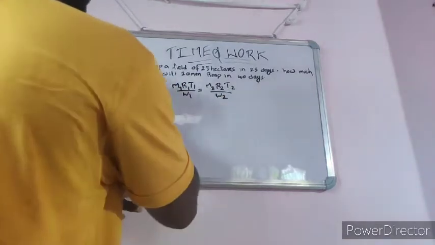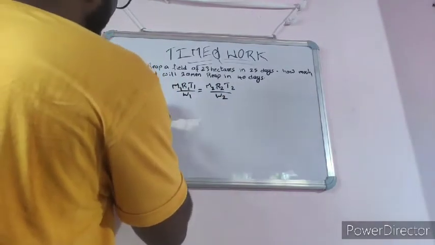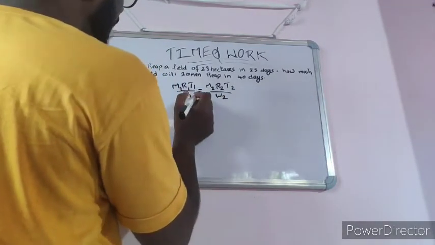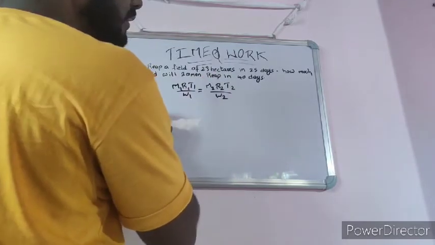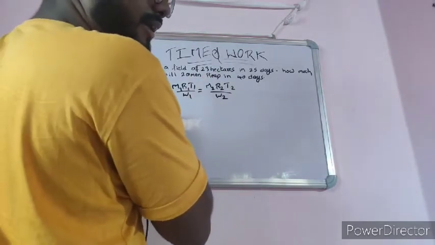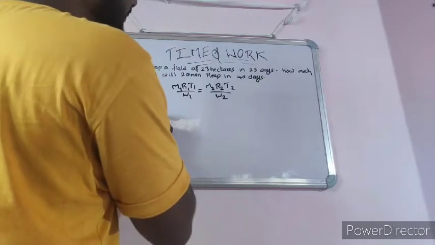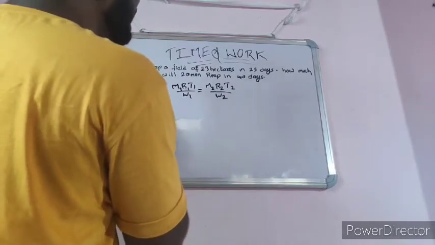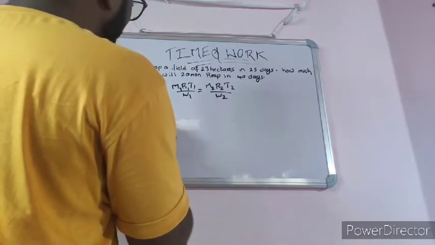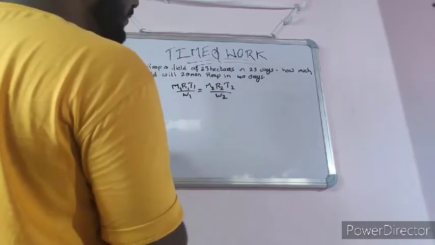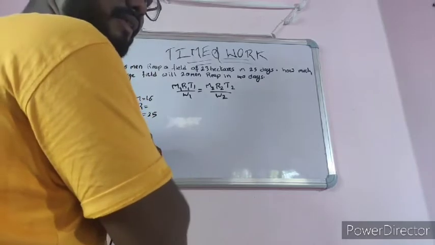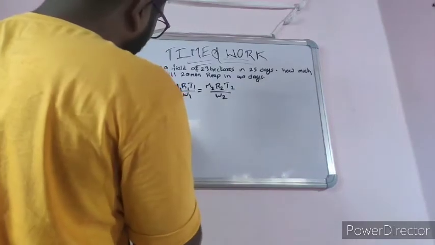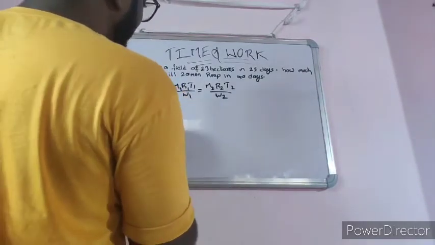Do we have M1 here? Yes, M1 is 16. Do we have R1, the rate? Let me keep it aside. Do you have time? Yes, 25 days. What do you have as work? Work is reaping a field.